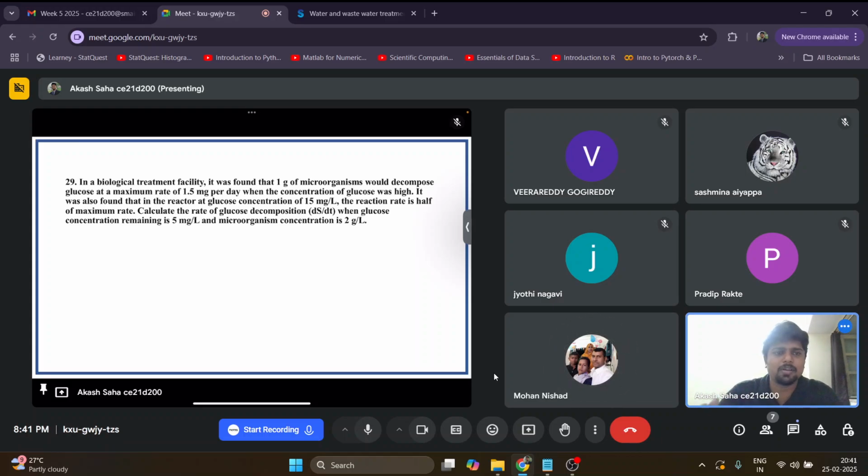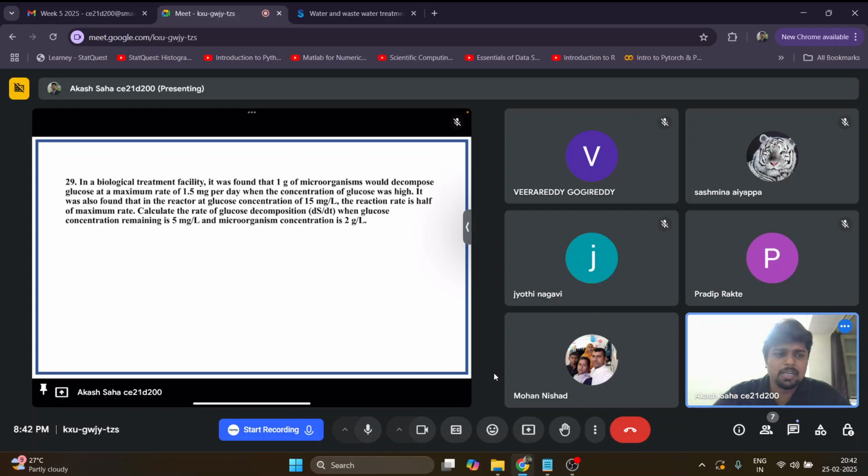Are you understanding my point? The values are in mg and grams, but that doesn't matter. It should be some mass per mass. Because if you see, what is the unit of my mu max? Is it milligram per day? No, sir, it is per day only. Yes, when we define it as milligram per gram, the mass terms get cancelled, so ultimately it is a per day term.